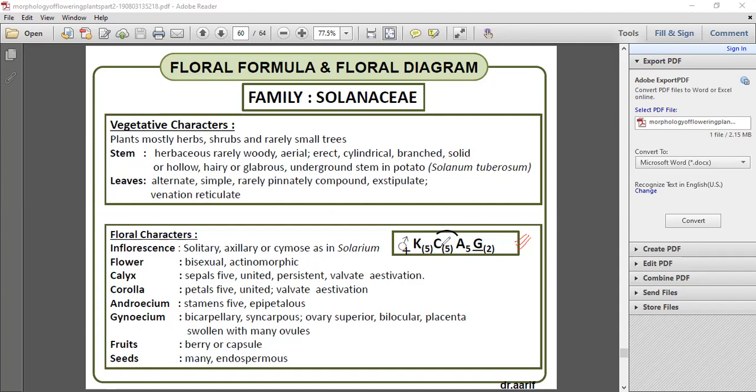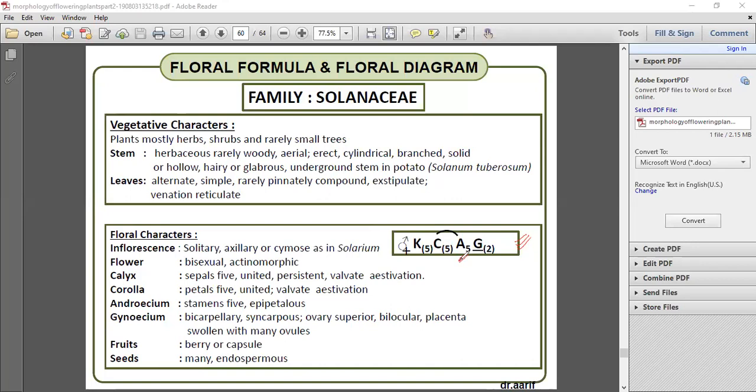Anyone else? I have 6 students in my class. Any one of you can speak. What is the one word for petals attached with each other? Gamopetalous. Gamopetalous. So now we will move to androecium.